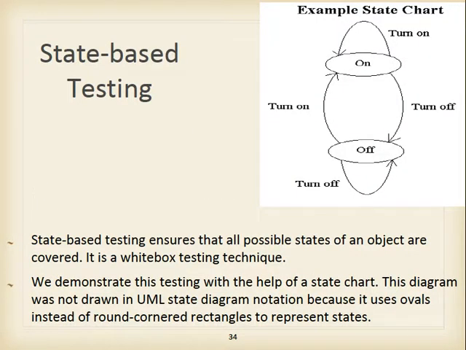Okay. State-based testing. This is slightly less used than the other ones. I'm trying to teach you the more important ones first. If your object can be in different states, and its behavior can be shown with a diagram like this, a state chart diagram, then you want to have test data to make sure that you actually test your object at each state.